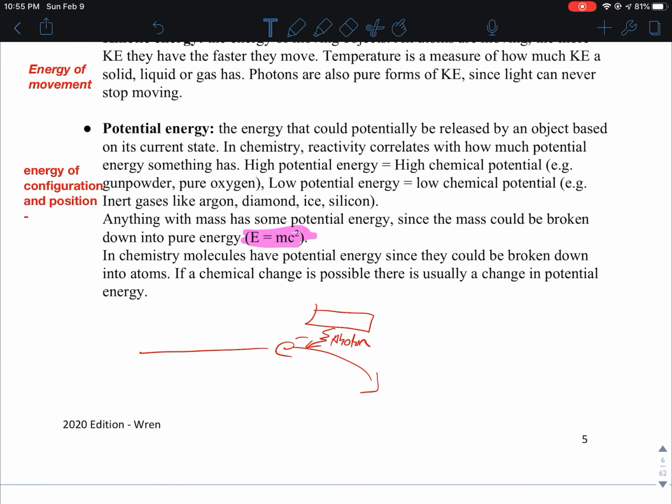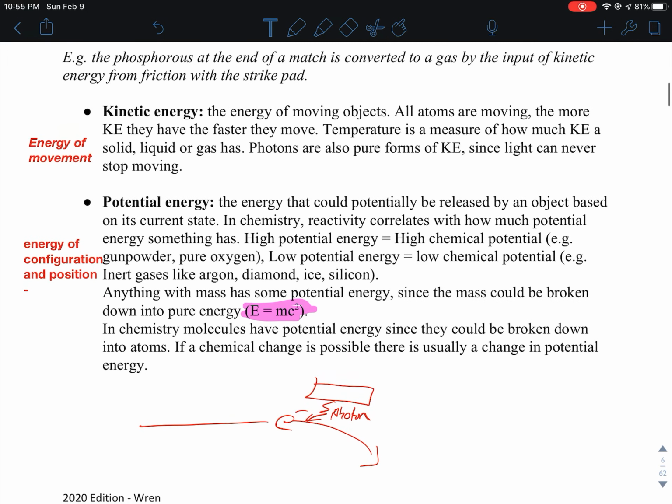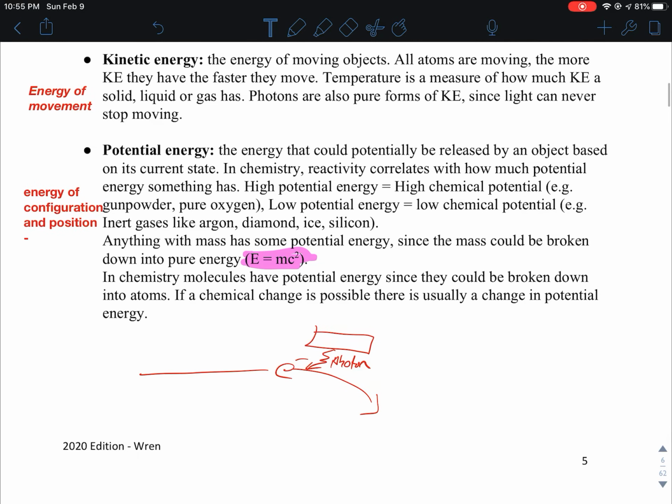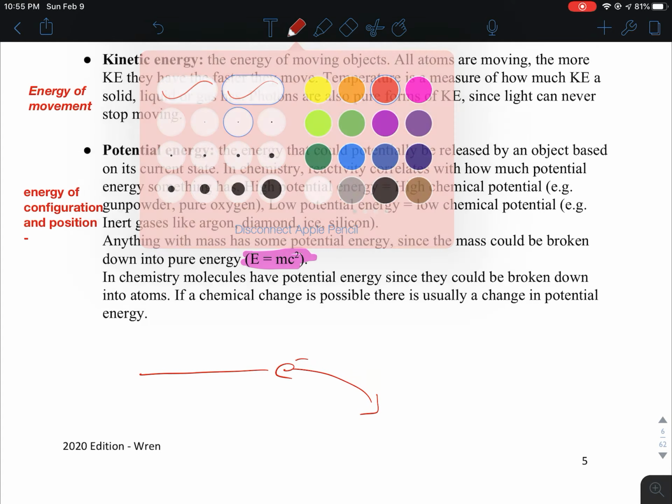So anytime we want to cause something to change its movement, we have to inject kinetic energy. This is how we cause objects to move. So even in the case of the electron that's being bent by our beam, it is actually being bent by the magnet.